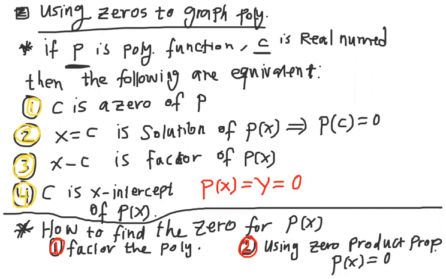So now let's give an example of how to find the zero for p of x. For example, if I have the polynomial function p of x equals x squared plus x plus 6.